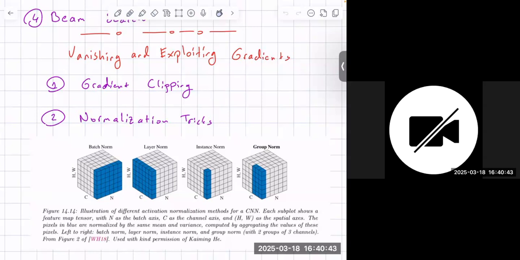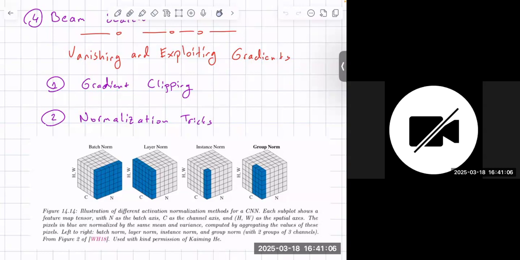Okay. All right, so what are the techniques? We got gradient clipping, which means you literally clip the gradient if it is bigger than a certain threshold. Then we have these normalization tricks. A common one is called batch norm. What does it mean? You take all your batch, you normalize. Another one is called layer norm.